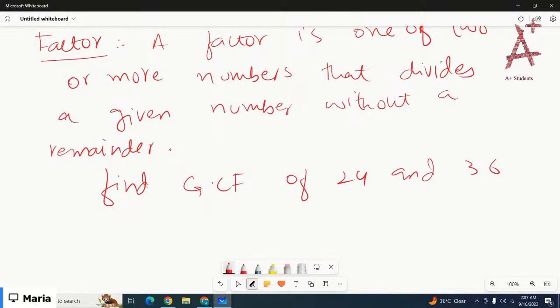So how do we calculate GCF? Whenever we have to calculate the GCF of numbers, we start by writing the factors of the numbers. Let's write down the factors of 24 and 36. We have to write all the numbers that can completely divide 24 and 36.